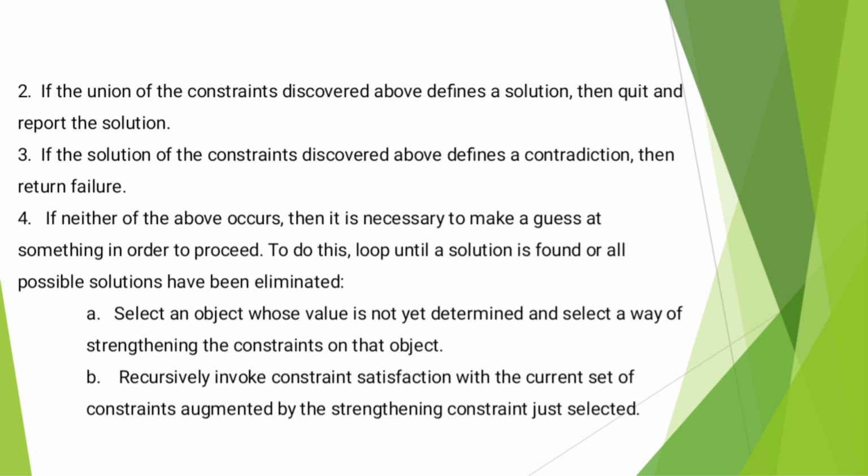Select an object whose value is not yet determined and select a way of strengthening the constraint on this object. Then recursively invoke constraint satisfaction with the current set of constraints augmented by the strengthening constraint just selected.